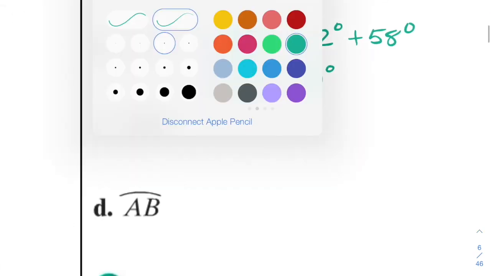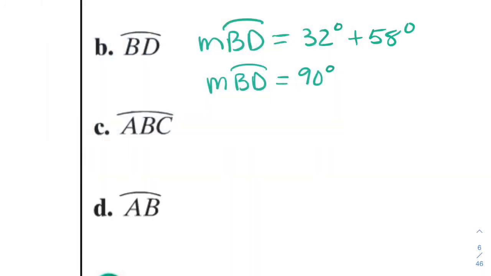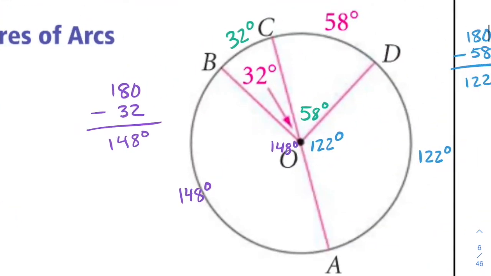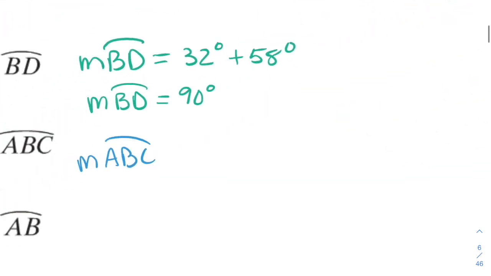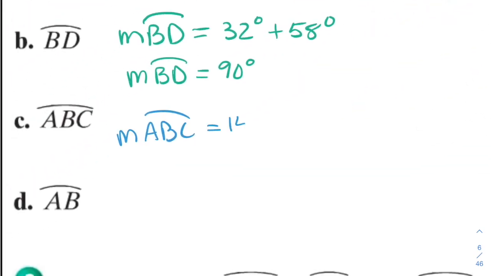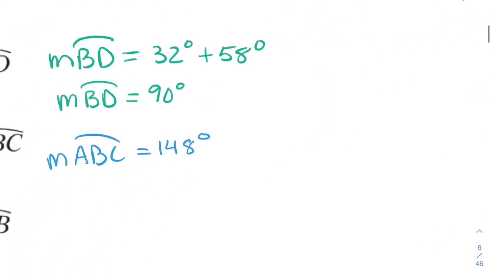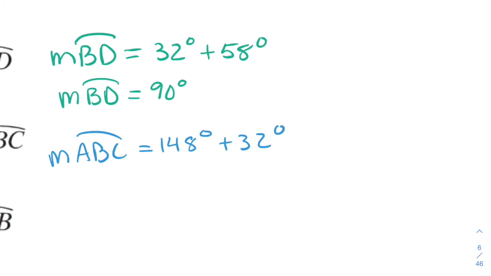Measure of arc ABC. Looks like I'm going to have to add a couple things together for that one. Yeah, it looks like it's 148 and 32, which we know, AC is a diameter, so it's going to be 180 plus 32.